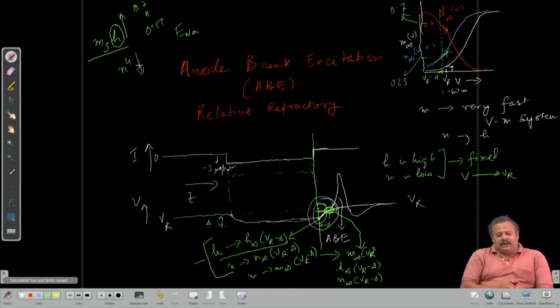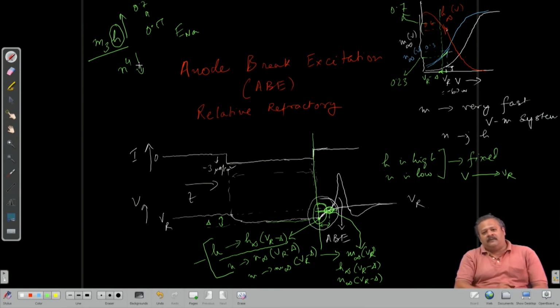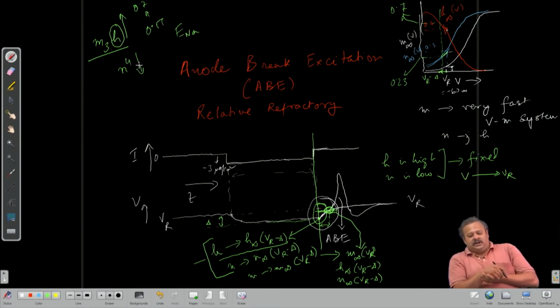These two currents together, this net balance current left when the membrane potential is at V rest but H and N are not at the steady state value for V rest, keep on increasing the membrane potential, and the same phenomena that we observe during action potential generation is repeated and we get an action potential.